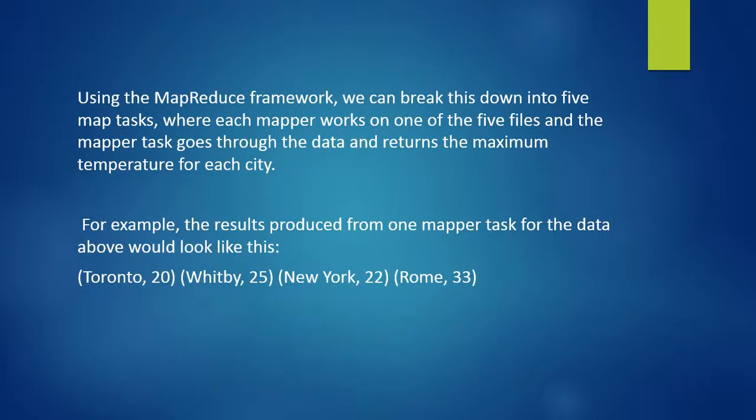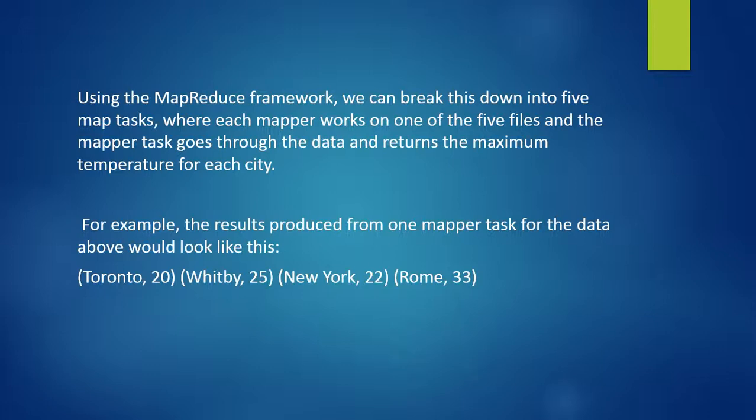Using the MapReduce framework, we can break this down into 5 map tasks, where each mapper works on one of the 5 files. The mapper task goes through the data and returns the maximum temperature for each city. For example, the results produced from one mapper task for the data above will look like this: Toronto 20, Whitby 25, New York 22, Rome 33.